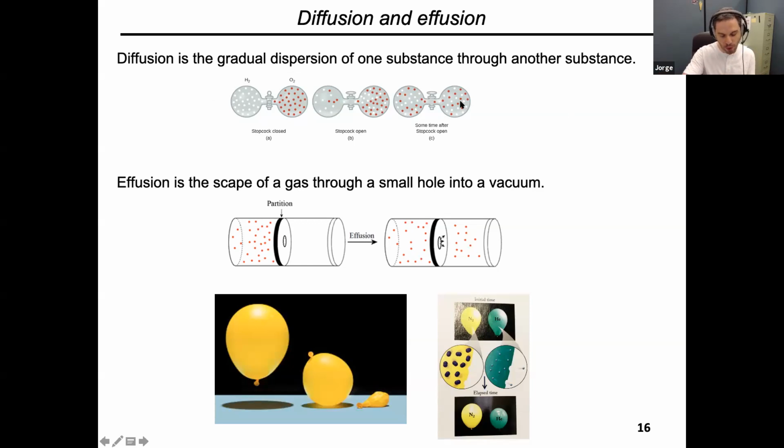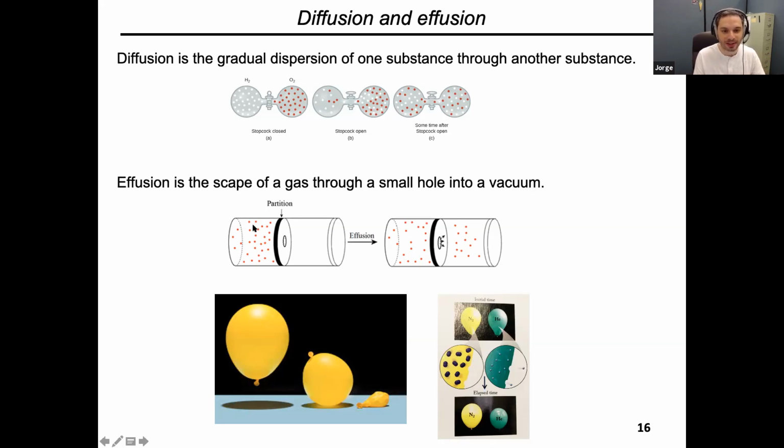When you open a flask of perfume, for example, the molecules of the perfume will diffuse into the molecules of the air. So in diffusion, we have one gas being dispersed in another gas. However, effusion is a very similar process, but there are two details.